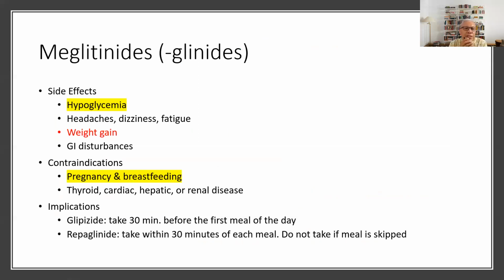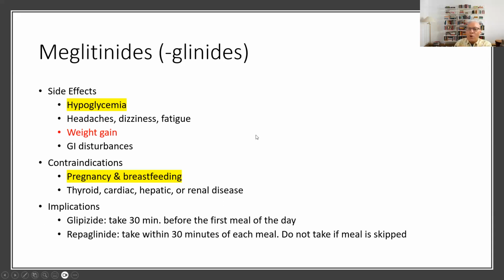Okay, so what are the side effects of these drugs? Well, again, because they're similar to sulfonylureas, hypoglycemia is going to occur. Now, you remember I said that they have a short onset of action, which means they're very quick, and they can act within 15 to 30 minutes. And so, what is the general consideration?